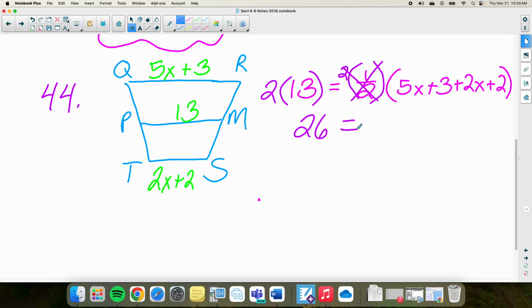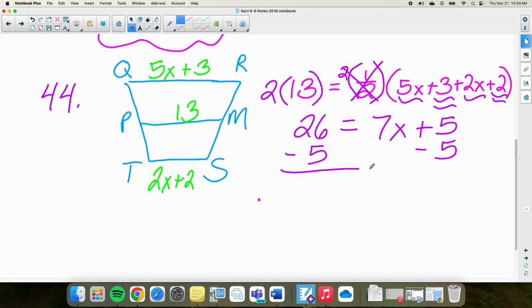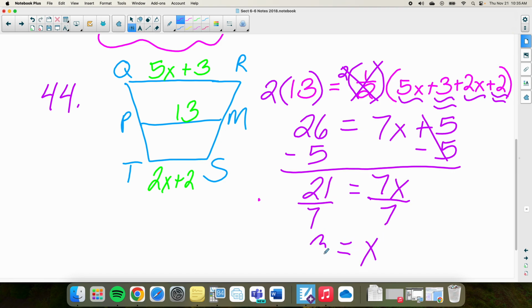And then when I combine like terms here, 5x plus 2x is 7x. 3 plus 2 is 5. And then we have something pretty easy to solve. So I'm going to subtract 5. And I get 7x is 21. Divide by 7. And x is 3. Okay.